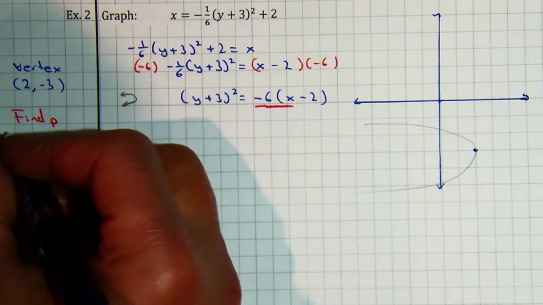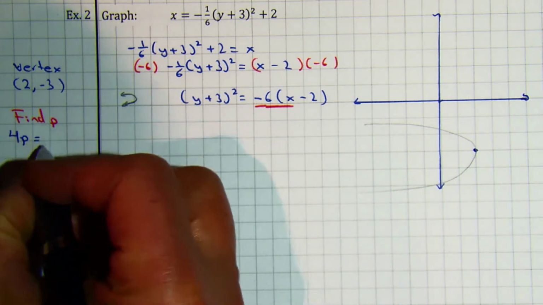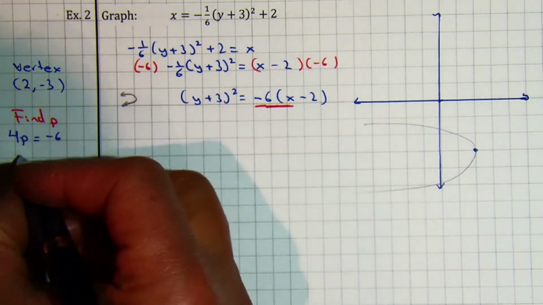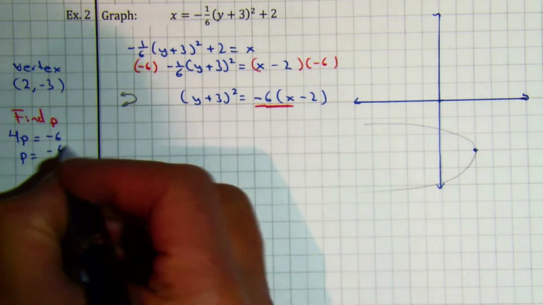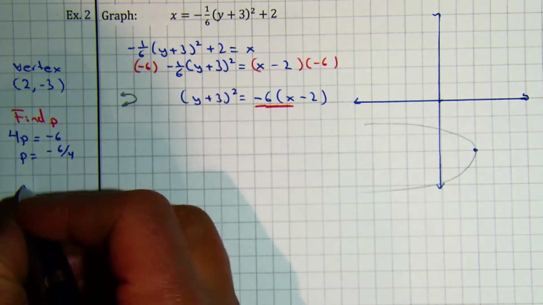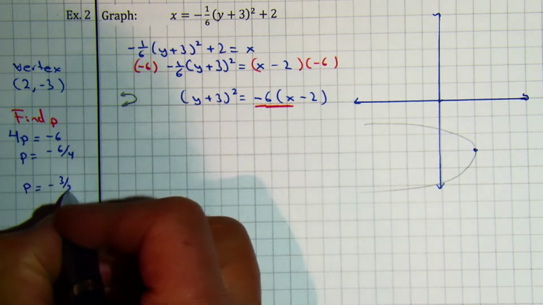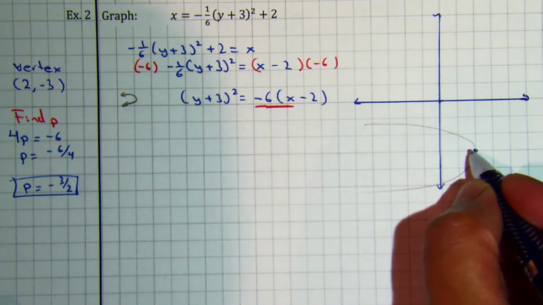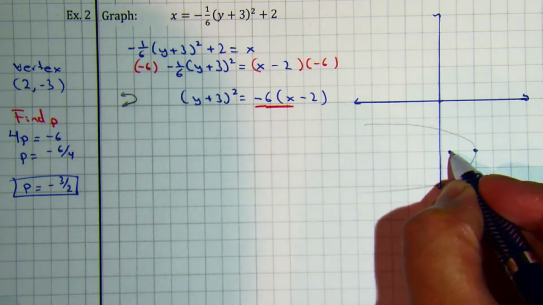According to the equation, 4p equals this number, which is negative 6. So 4p equals negative 6, therefore p equals negative 6 over 4, which is negative 3 over 2. So your focus will be negative 1.5 to the left.